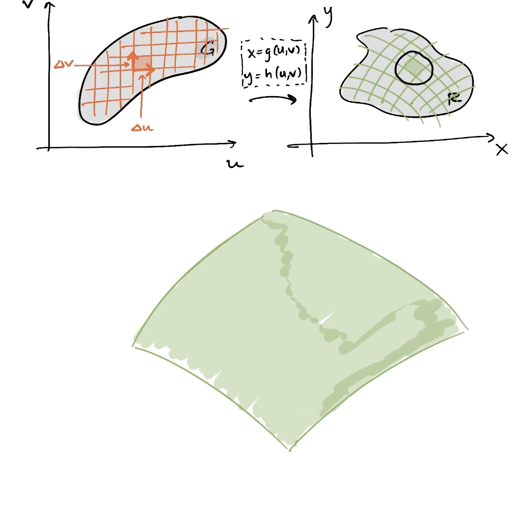Those vectors correspond to, respectively, a small change in u and no change in v, that's the base, and a small change in v and no change in u, that's the left edge. Those vectors get transformed into tangent vectors to the, quote, base and edge of the new patch.